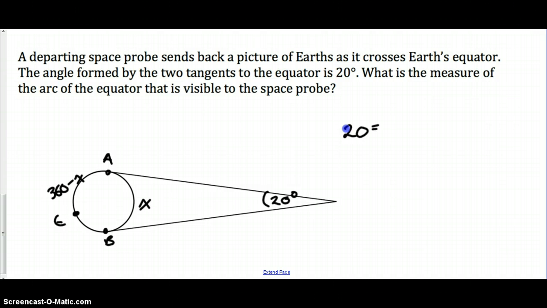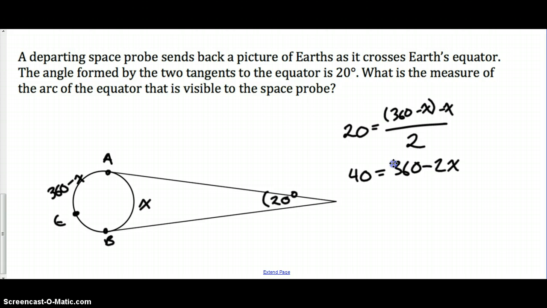So I know that 20 equals 360 minus x minus another x over 2. You'll have 40 equals 360 minus 2x, which means you get negative 2x equals negative 320. And x is going to be equal to 160 degrees.